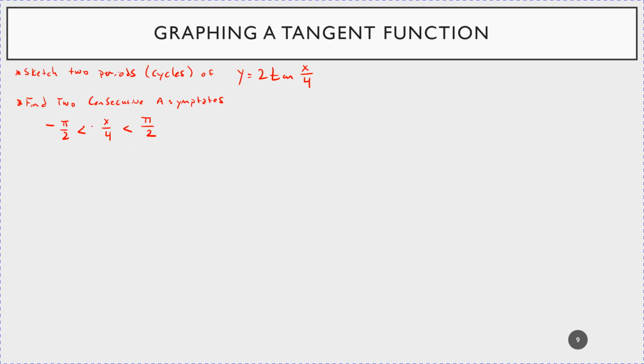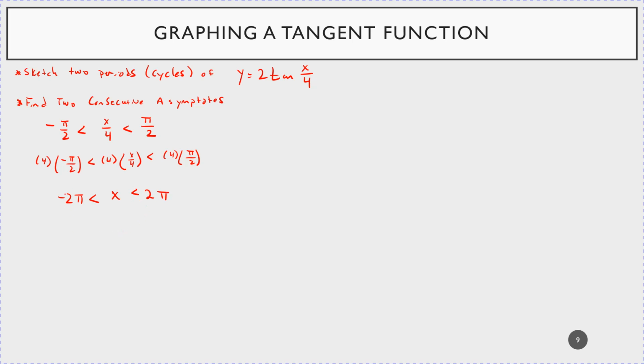If you just want to get x by itself, you're going to multiply everything by 4. So look what happens. 4 divided by 2, so I have negative 2 pi is less than, the 4's cancel, x, and then 4 divided by 2, which is less than 2 pi.